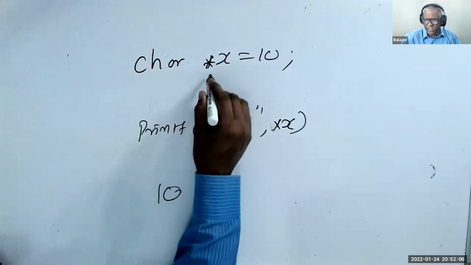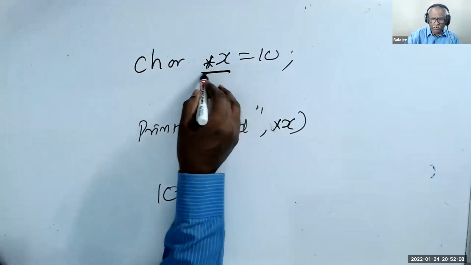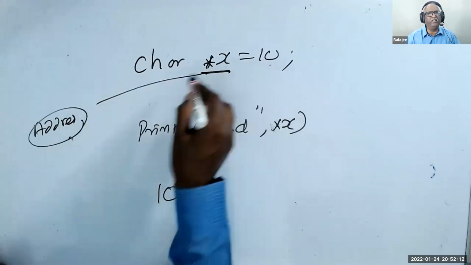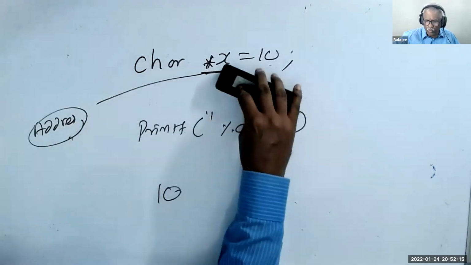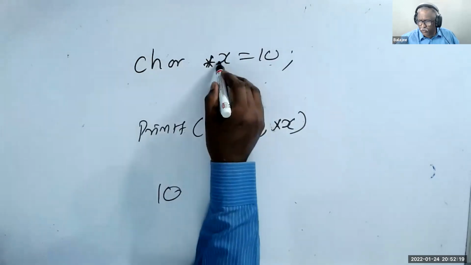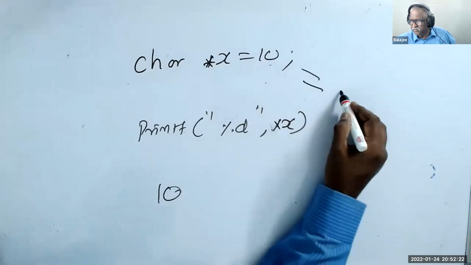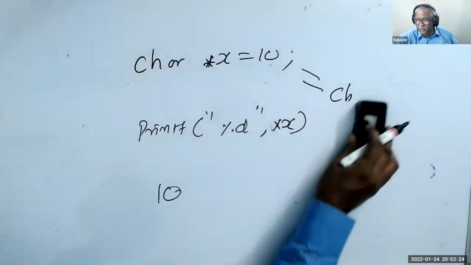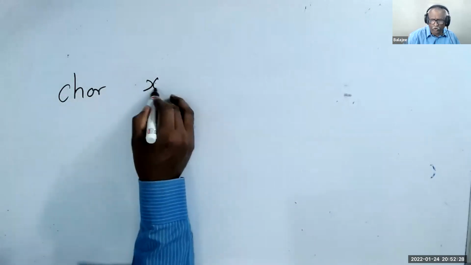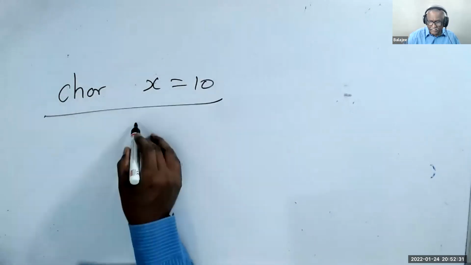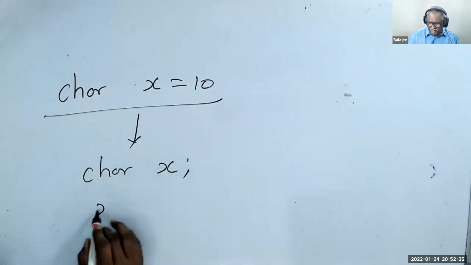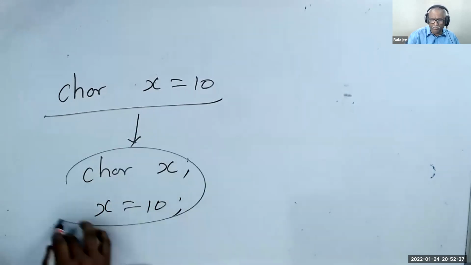But when I put percentage x, I should give an address, but I'm directly storing 10. So what the compiler will do, if you put like this, this is equivalent to this. Please understand the difference. See, if I say char x is equal to 10, this is equivalent to char x is equal to 10. This is the meaning.